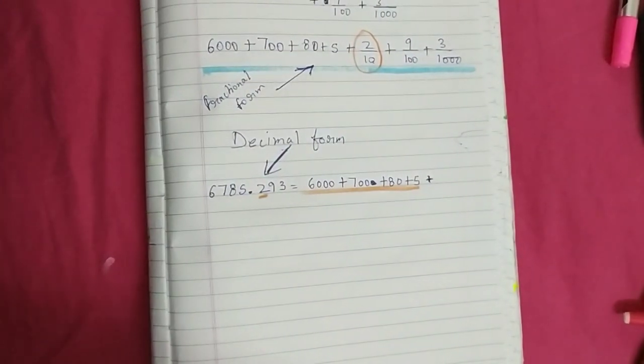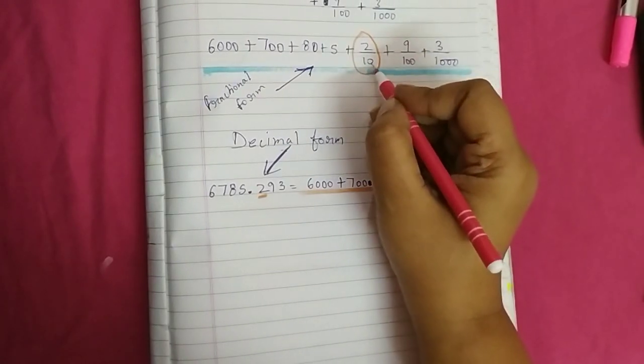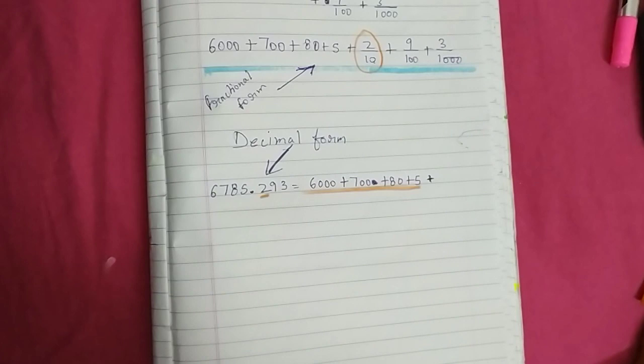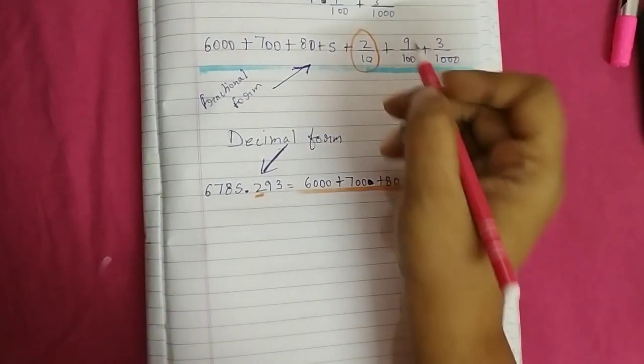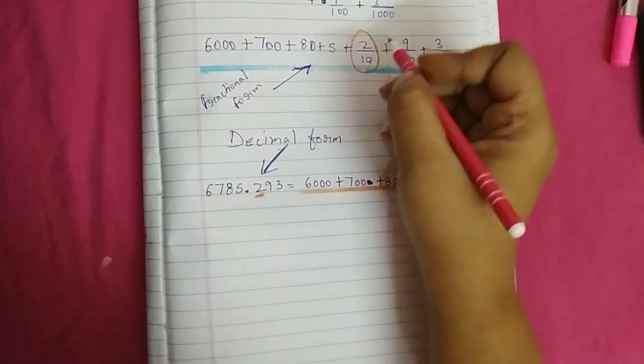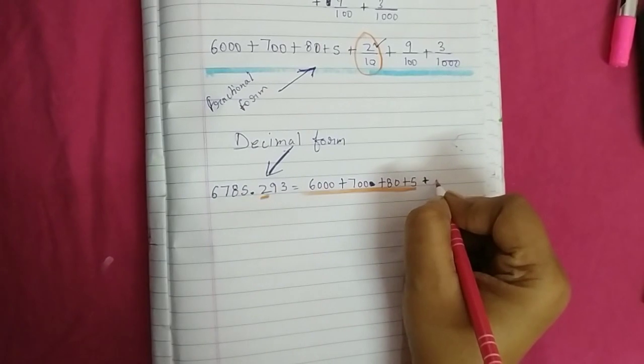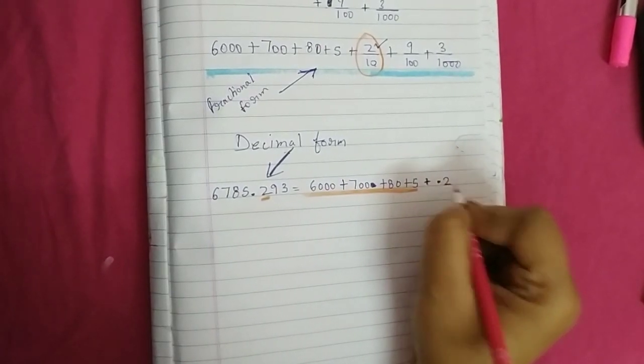That means after decimal you will be having only one digit. If you are having 1 zero in denominator, that means you will be writing one digit after decimal. So what is the digit we are going to write after decimal? It is already given in numerator, 2. So plus decimal point 2.